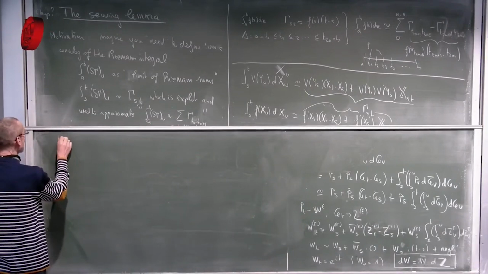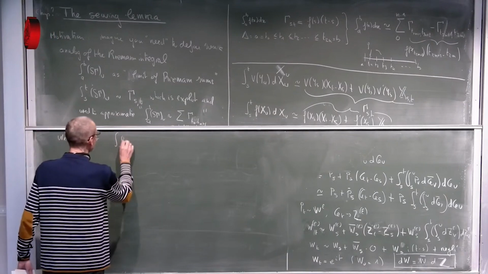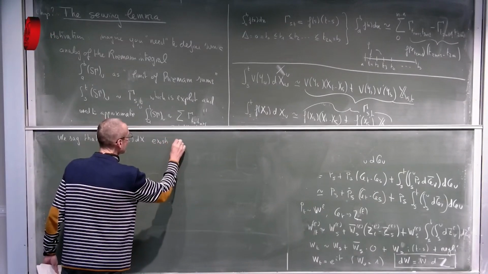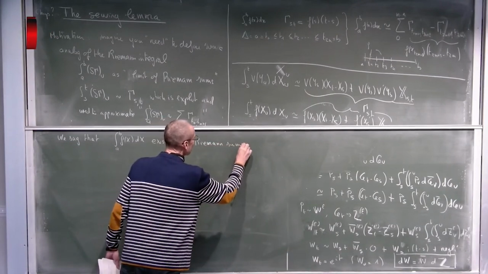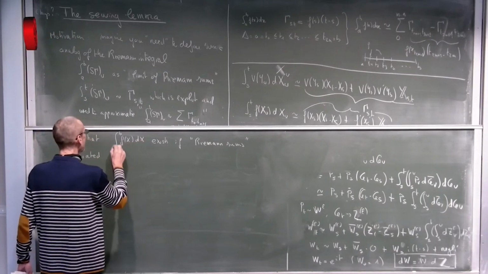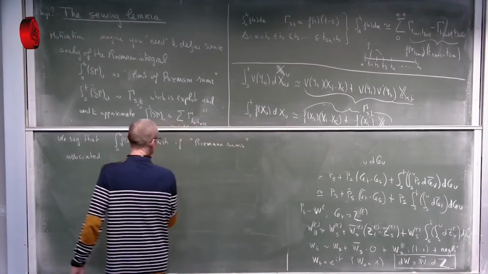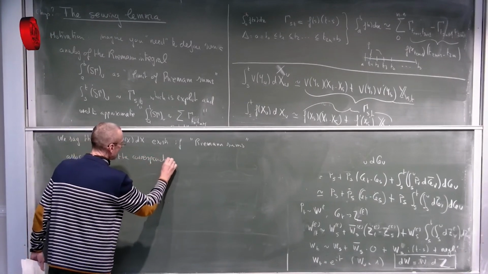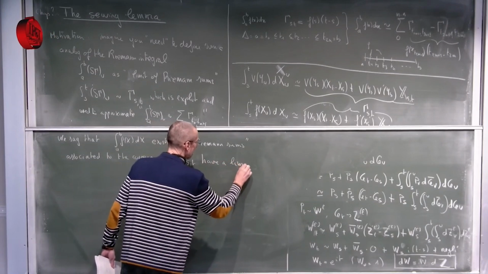For instance, for the rough case, the integral of f of x dx from A to B exists if the corresponding Riemann sums associated, so this is the rough integral, have a limit as the mesh gets small.